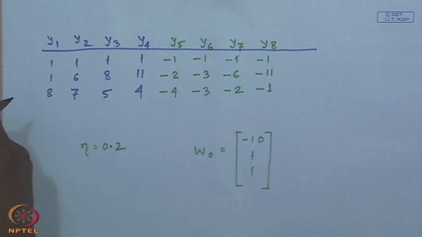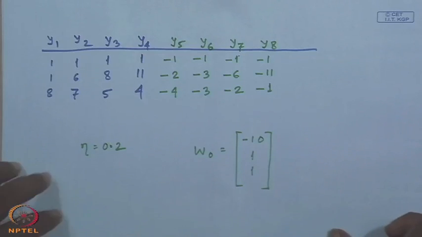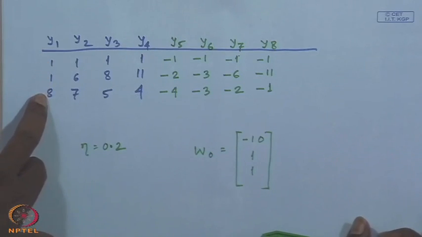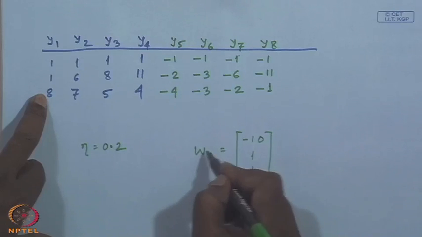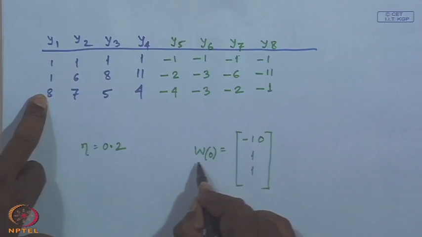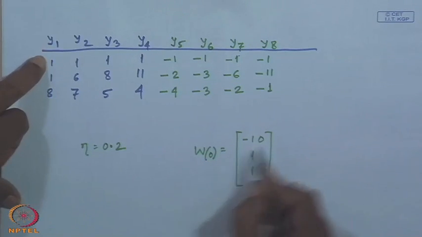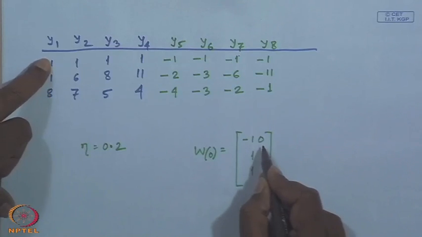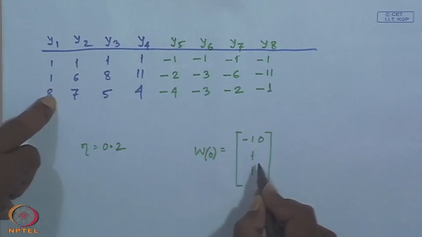So, let us see what values of w transpose y I get for different samples y. If I take y 1, the first component is 1, second component is 2, third component is 8. Clearly here it is w 0, the 0th iteration, that is the initial value. So, w 0 transpose y 1 will be minus 10 plus 1 plus 8, which is nothing but minus 1, that is negative.